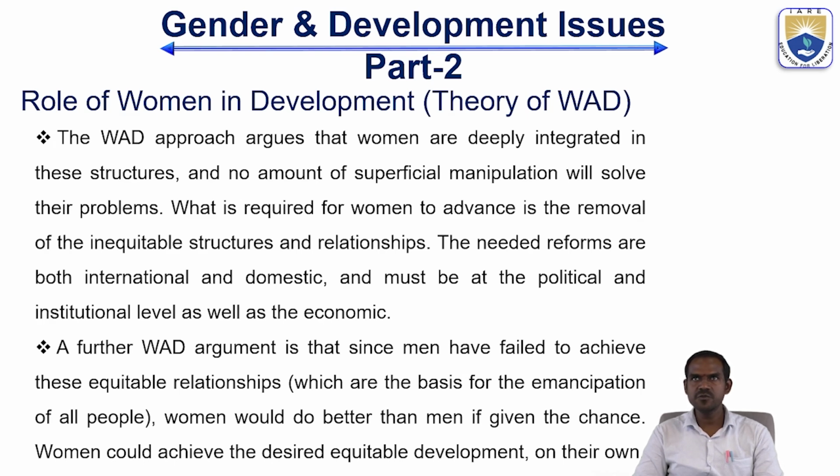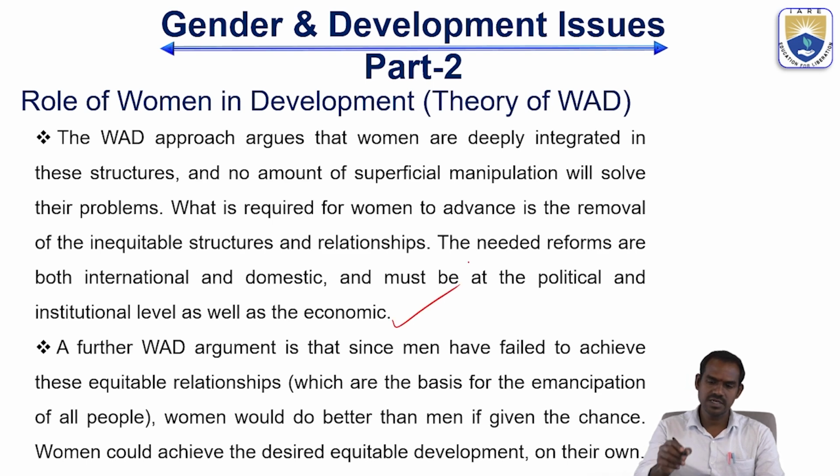What is required for women to advance is the removal of the inequitable structures and relationships. The needed reforms are both international and domestic, and must be at the political and institutional level as well as the economic level.